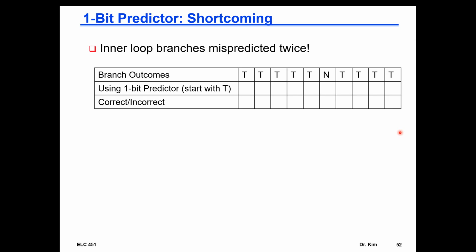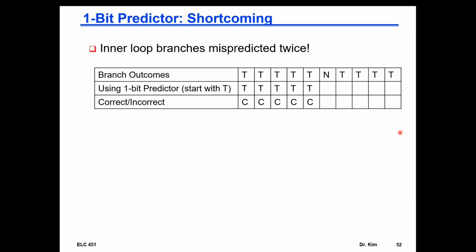So we can see here a simulation of a one-bit predictor. So let's say that we start arbitrarily with the assumption that the branch is going to be taken. And since we're talking about loops, we're going to be branching back. So we predict that it's going to be taken, and we are correct. And we're going to follow that trend and going to be correct for as many times as the loop is in effect.